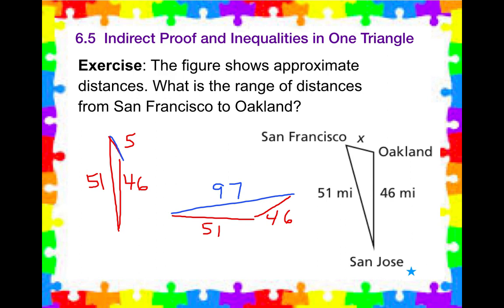So x, which is my distance between the 2, ends up to be somewhere between 5, so it's greater than 5, and it's less than 97. So then this is my answer for what are the approximate distances, the range of distances between San Francisco and Oakland. And we will continue this conversation in class the next day.